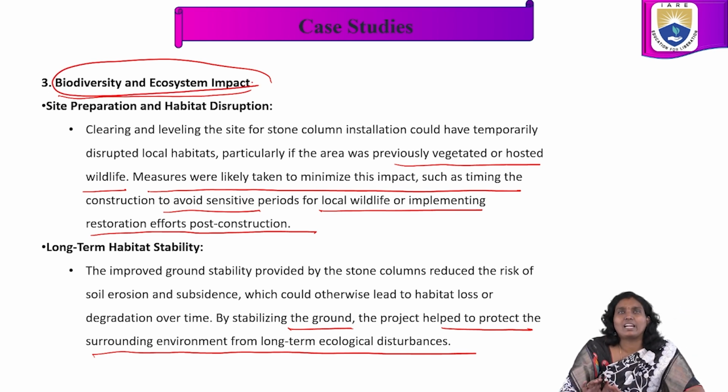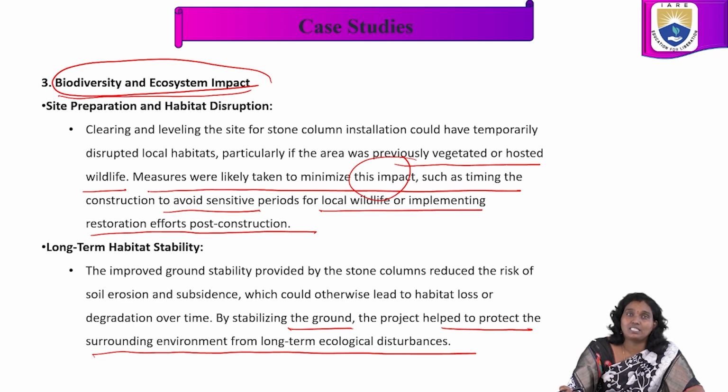Clearing and leveling the site for stone column installation could have temporarily disrupted local habitats, particularly if the area was previously vegetated or hosted wildlife. Measures were likely taken to minimize this impact, such as timing the construction to avoid sensitive periods for local wildlife or implementing restoration efforts post construction.